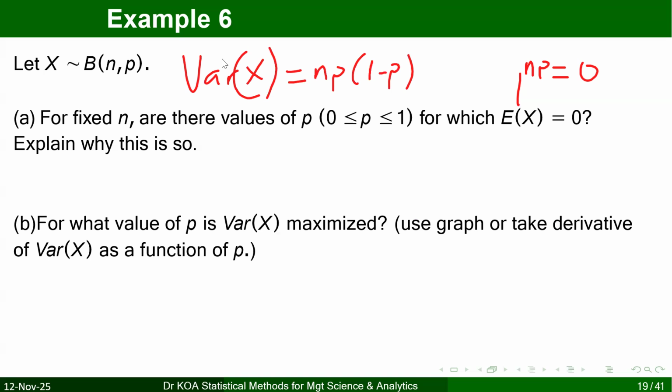Now, watch it very carefully. This function can be expanded. Do you agree with that? Okay, let's expand it. But I'm going to use a small letter here: the variance as a function of p. What will be the expansion?